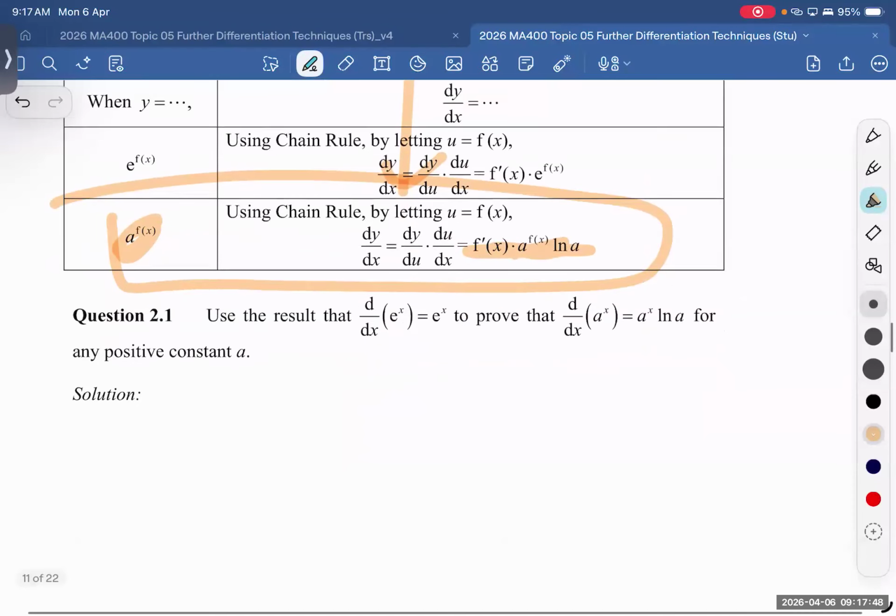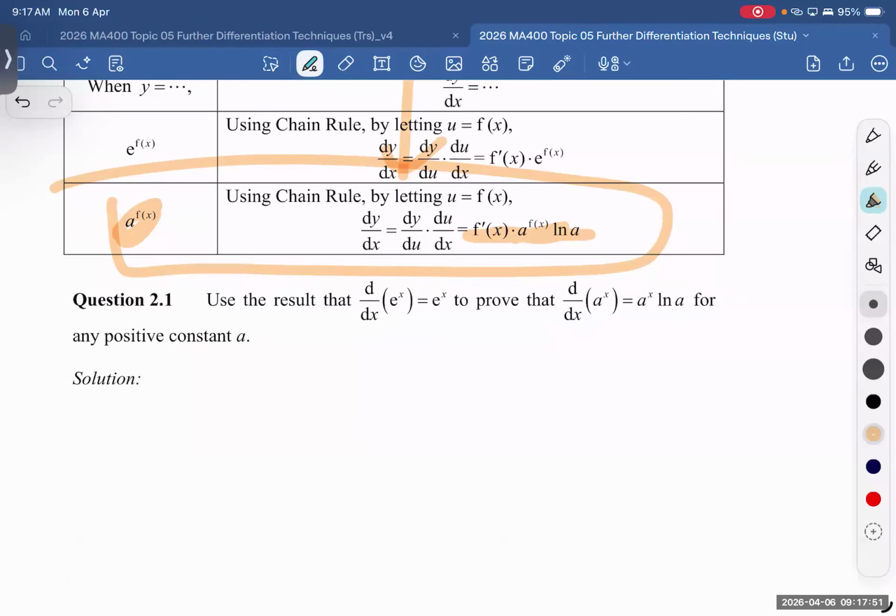In case anyone is stuck at 2.1, maybe I give you a hint. You agree that any constant a is the same as e to the power of log a.